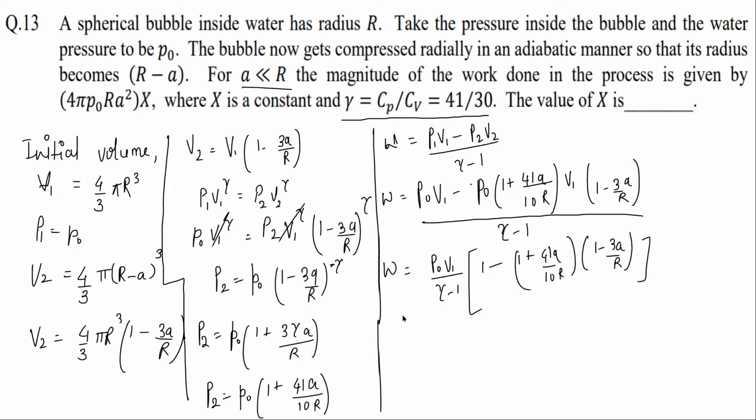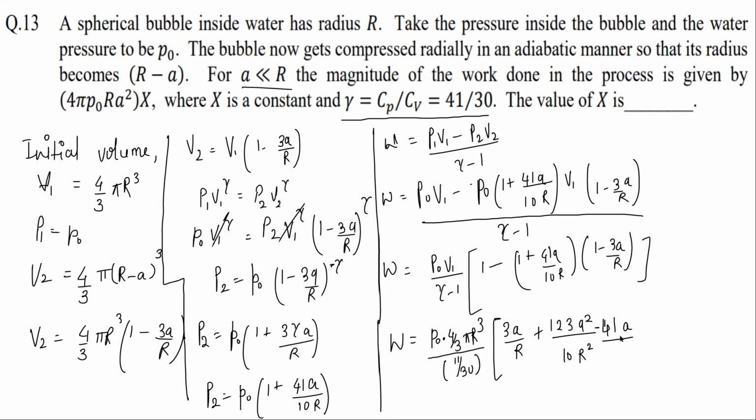Again we'll use that binomial approximation, and I'm going to write it like this: work done is equal to P naught V1, which is 4 by 3 pi r cube, over gamma minus 1, which would be 11 by 30, multiplied by 3a by r plus 123a square by 10r square minus 41a by 10r.